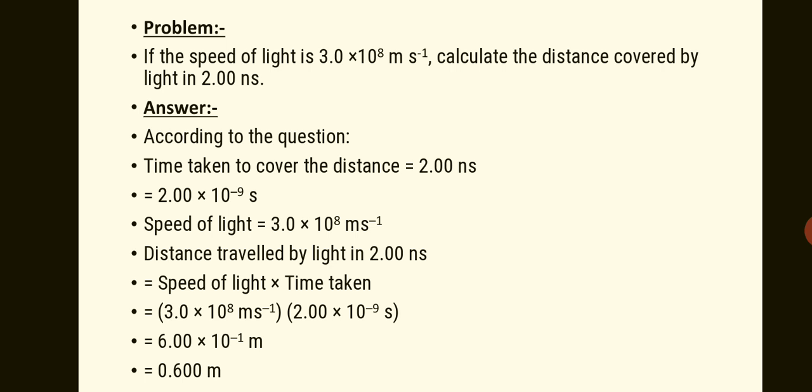Now you see 10 raised to power 8 and 10 raised to power minus 9. The bases are the same, so the powers will be added, and if you add plus 8 and minus 9 you get minus 1. So it becomes 6.00 into 10 raised to power minus 1 meter, or it can be written as 0.600 meter.